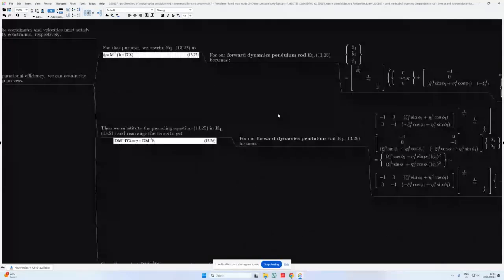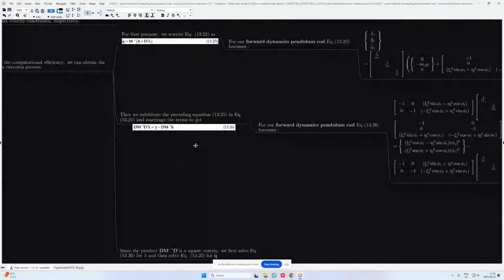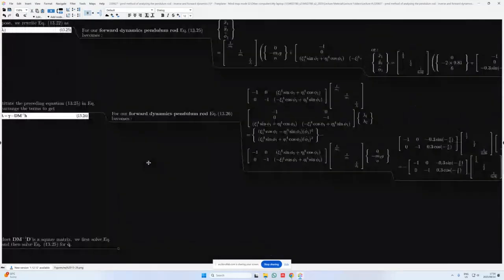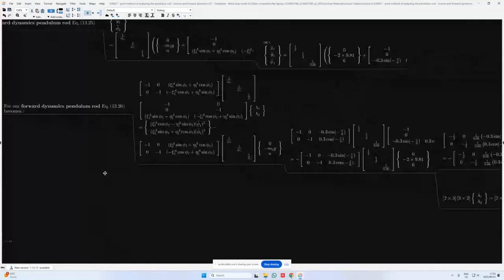Then we can substitute the preceding equation, 1325, into 1321 and rearrange the terms to get 1326. Now we have some multiplication that we perform with the Jacobian and the mass matrix inverse. If we write it for our forward dynamics pendulum rod, we end up with this extended equation.